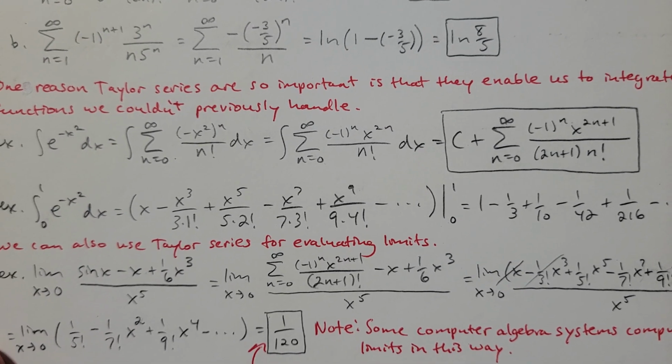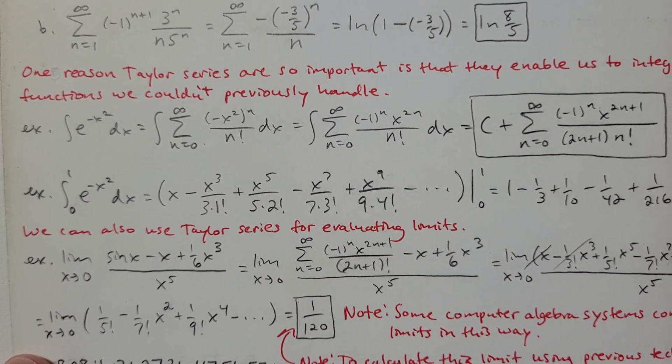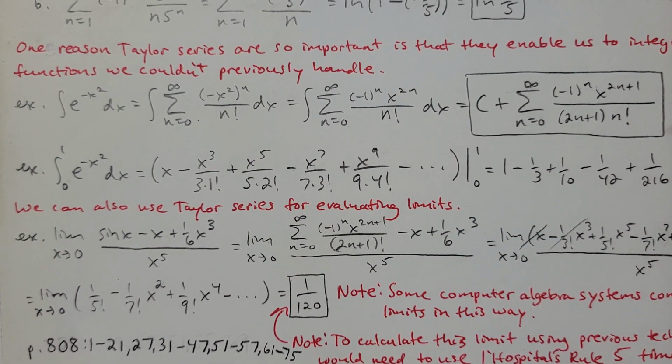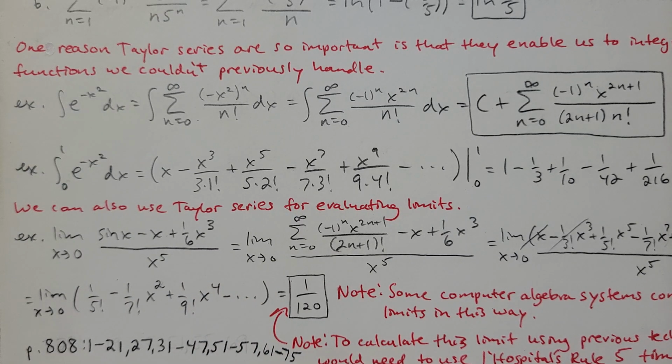Okay, which is one benefit of Taylor series. Now the interval of convergence is all real numbers here. So what if I wanted to integrate e to the negative x squared on the interval 0 to 1?